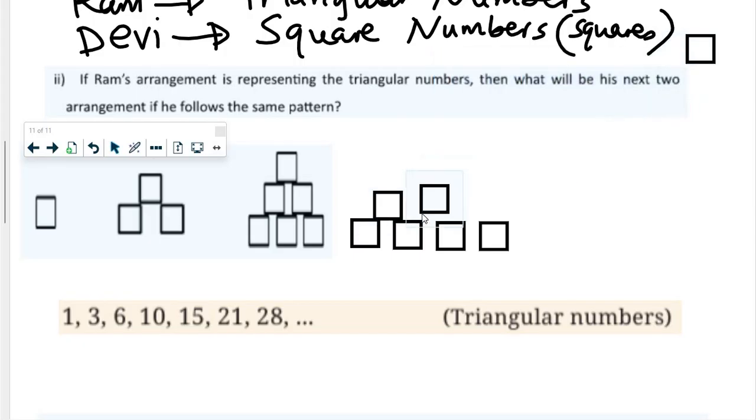And take another one, put it here. Take another one, put it here. See that? And take another one, put it here. Take another one, put it here. See that? And take another one, put it on top here. What do you have? Let us see.